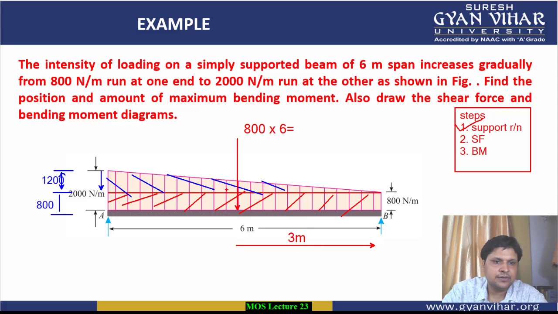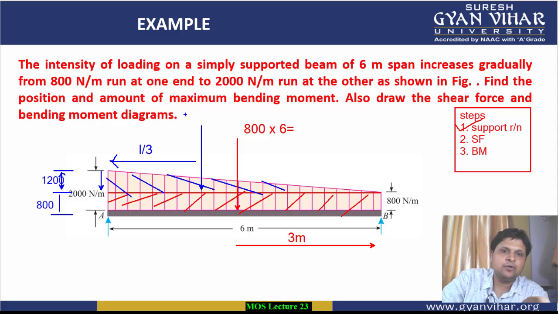Similarly, if we take the UVL, it will be considered at its center of gravity. And where will be the center of gravity of UVL? If you are calculating from point A, it will be L by 3 from here. And what will be the value of this point load which has been created by replacing this UVL?